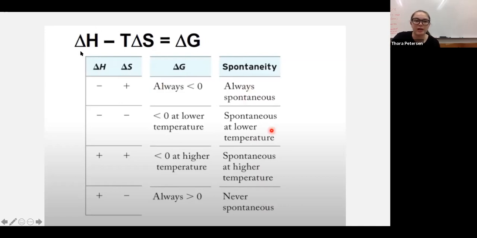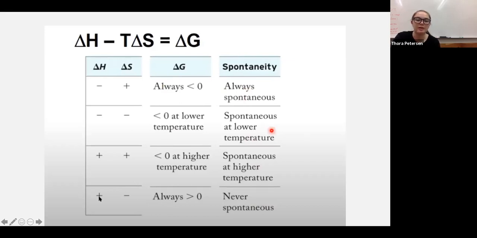That's just saying if we have heat leaving the system and we have more chaos going on, then we're going to have a spontaneous reaction.